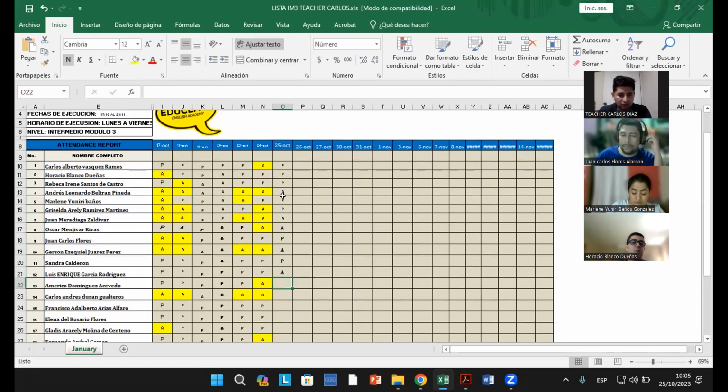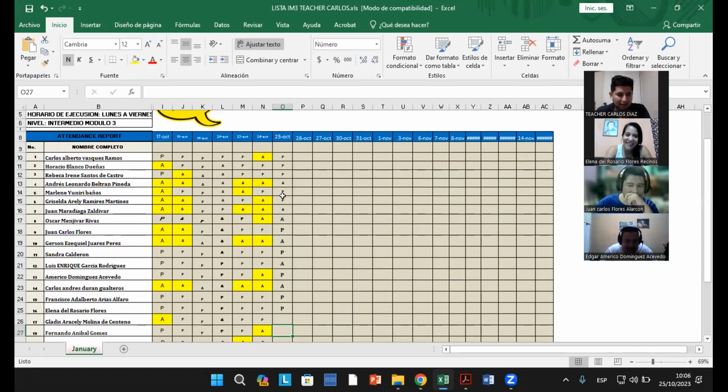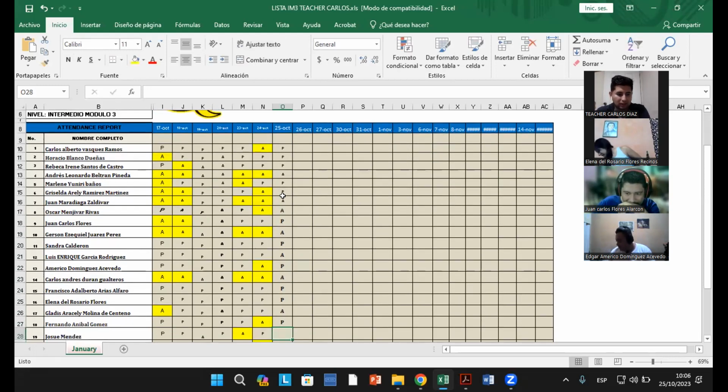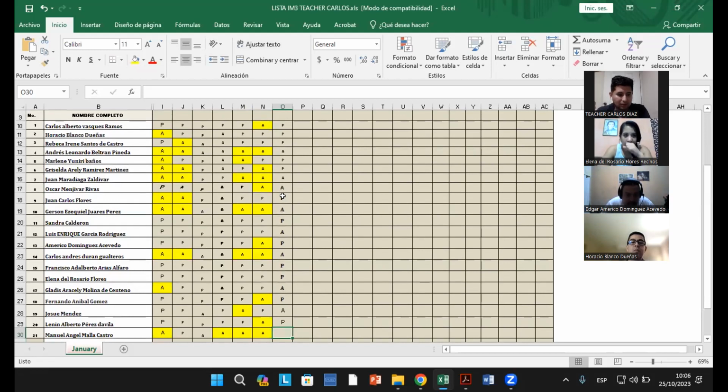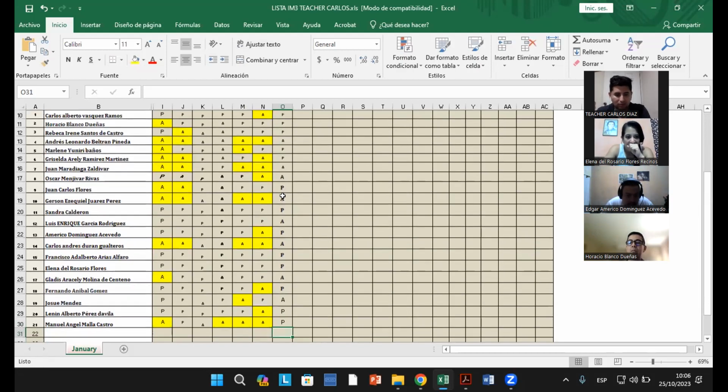Luis is not here today. Américo? Present. Carlos Andrés is not here. Francisco Adalberto is here. Elena is not here. Gladys is not here. Fernando is here, I think. Josue is not here. Lenin is here. Emmanuel is here too. Okay.